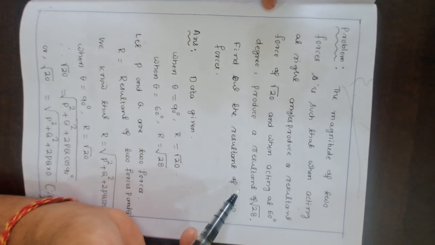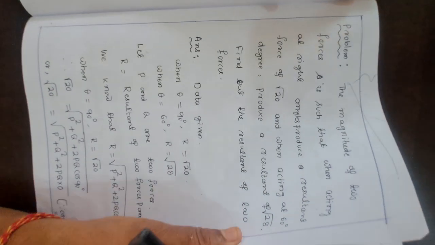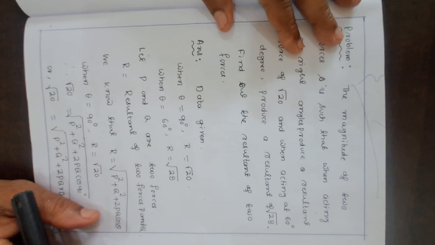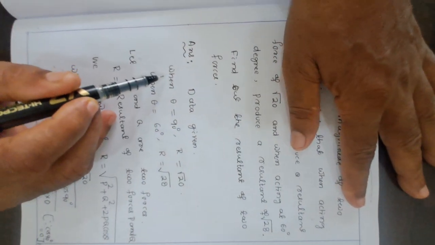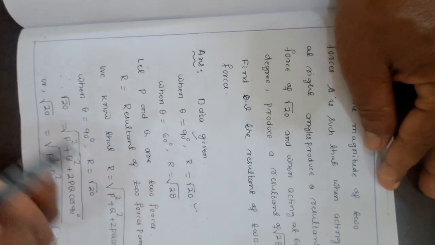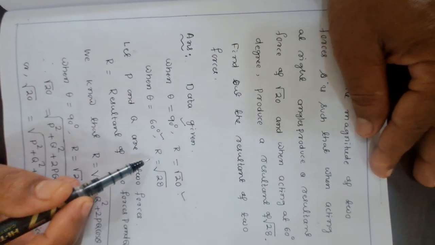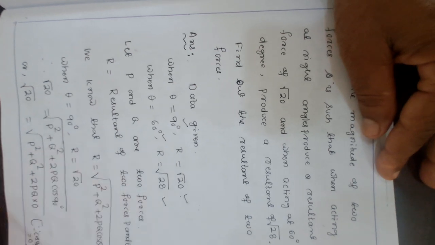Find out the resultant of two forces and find the two forces. First, data given. When theta is equal to 90 degree, R is equal to root over 20. When theta is equal to 60 degree, R is equal to root over 28.